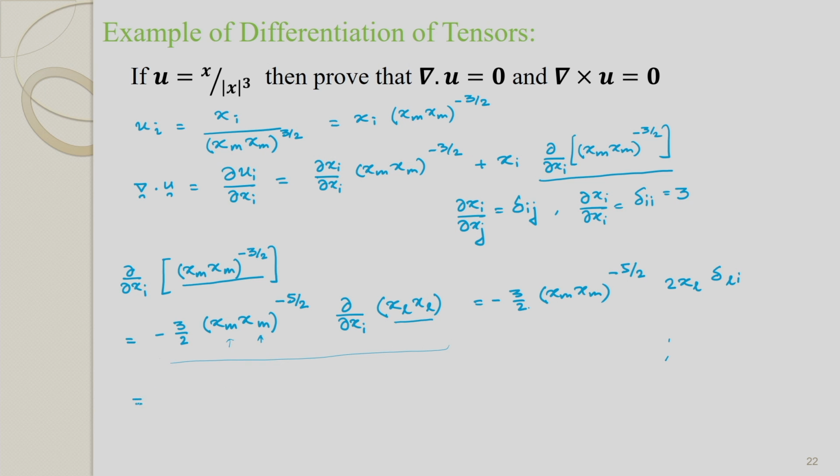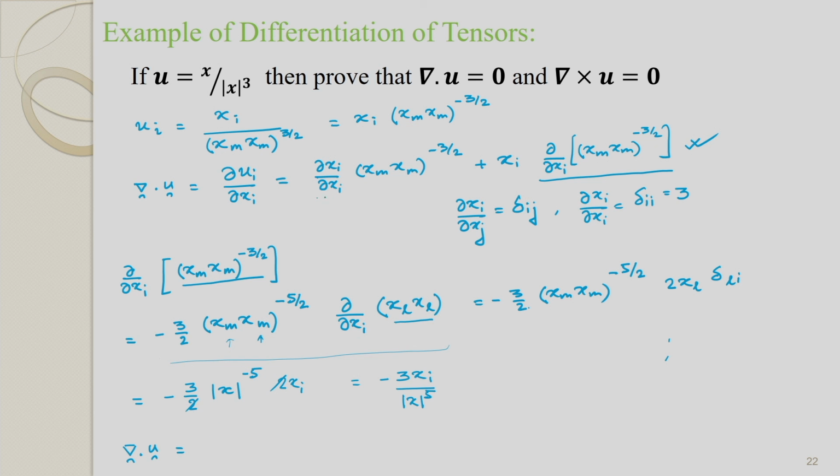So this is equal to minus 3 by 2 mod x... Now, if we write del dot u, we will continue from this step.